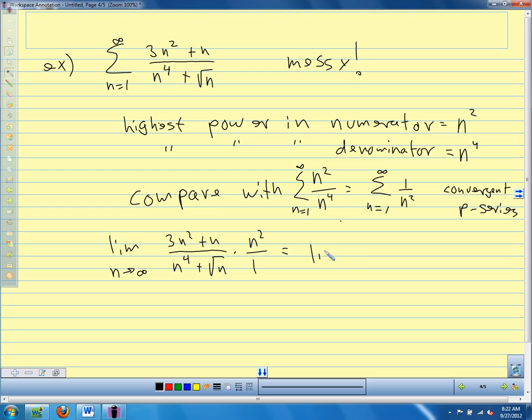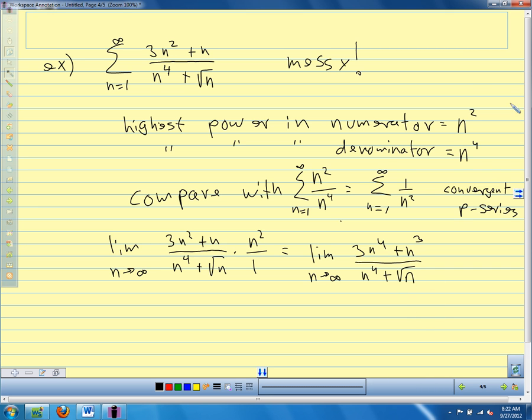And if I simplify that, the limit as n approaches infinity of, when I distribute, 3n to the fourth plus n squared over n cubed, thank you, over n to the fourth plus square root of n.